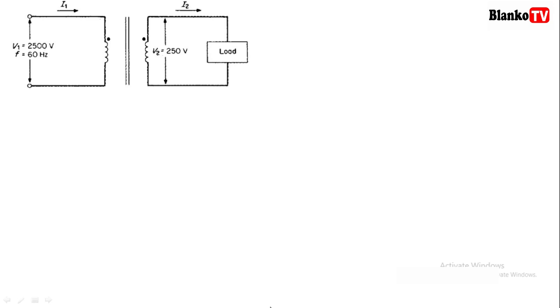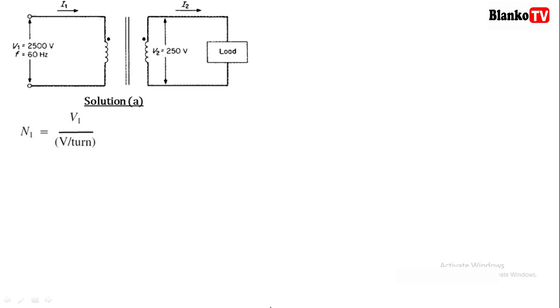Okay, so let's move on. So first of all, we start with our primary number of turns, which is N1. So solution A, our N1, we use the formula V1 over V per turn, that is the voltage per turn.